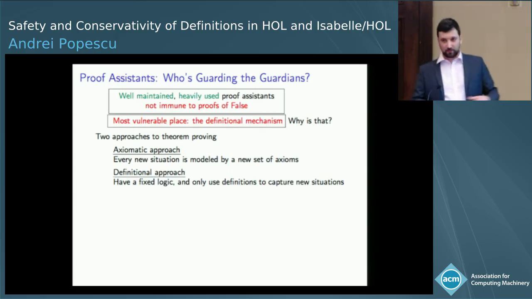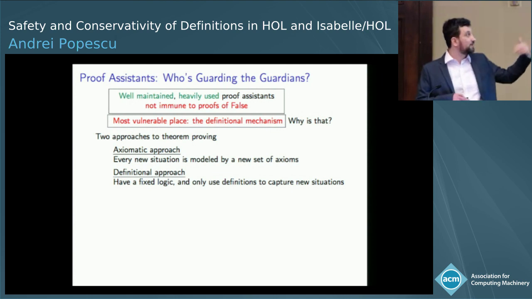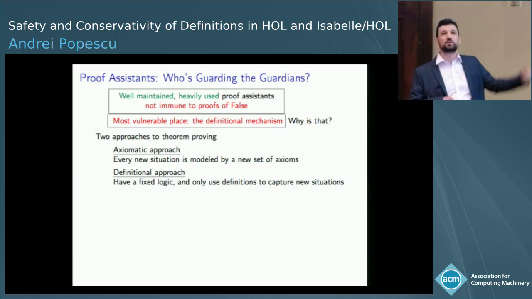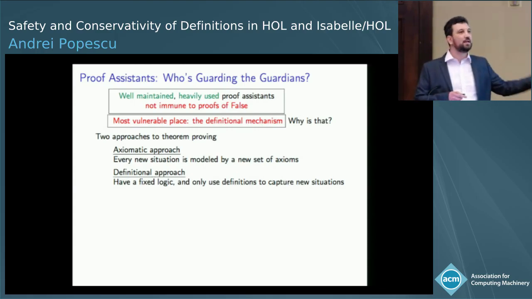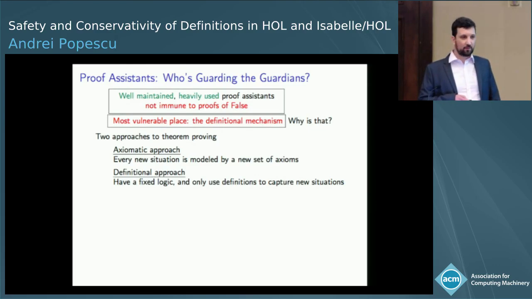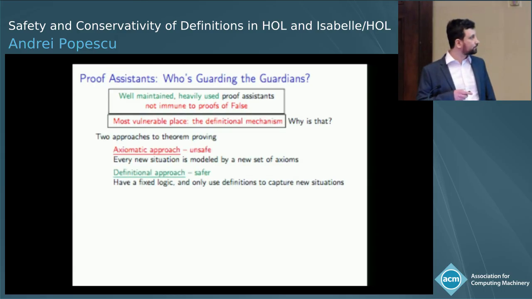Going back to the early days in theorem proving, we had, or we still have this, but this doesn't really affect proof assistants anymore on a large scale, two different approaches. There's the axiomatic approach and the definitional approach. In the axiomatic approach, you model the problem by a set of axioms that you find appropriate, some ad hoc axioms, and then you prove the desirable properties. And the definitional approach forces you to use a fixed logic and define your concepts from the available definitional mechanisms.